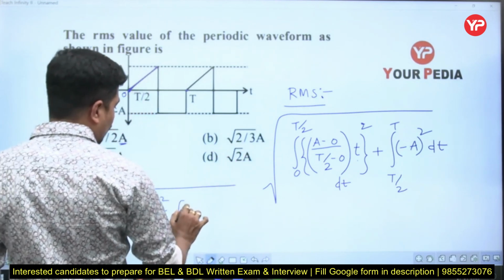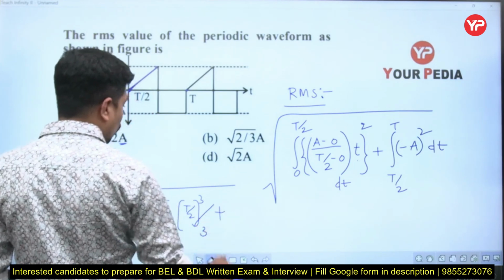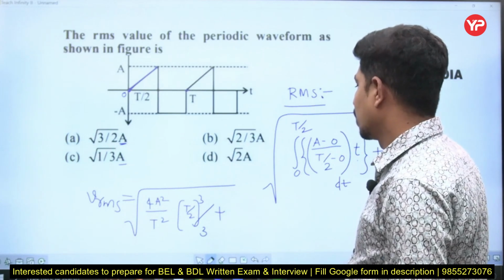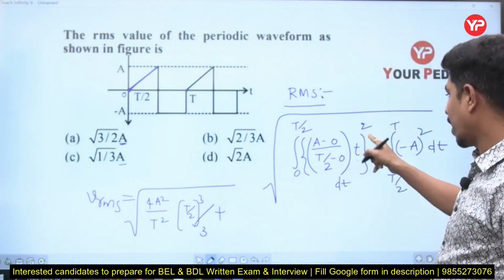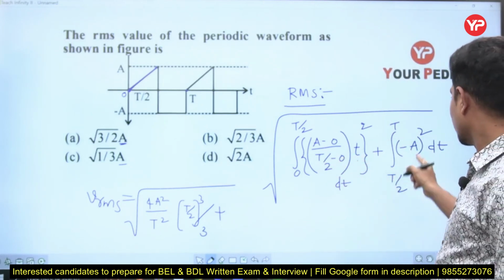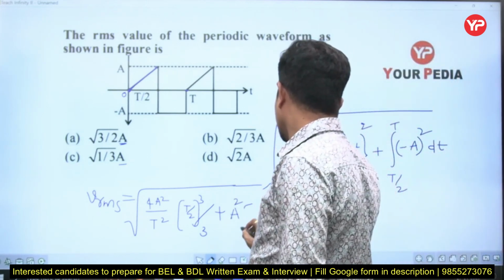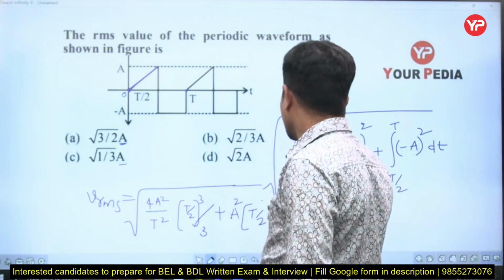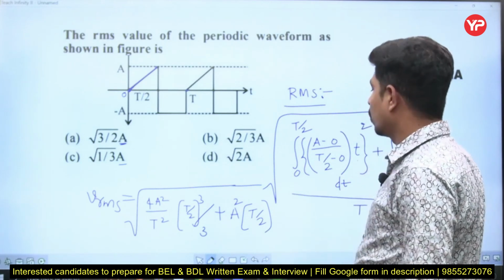Upper limit is T by 2, whole cube by 3, plus, because y is equal to mx, square, this will be t square. Now this will be A square into t, upper limit is T, T minus T by 2 is T by 2. And for this entire thing you have to divide with T. I forgot to write there.